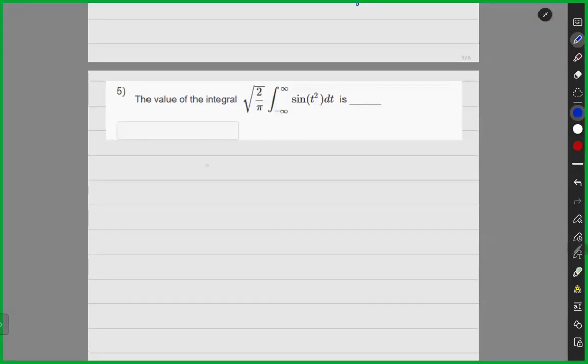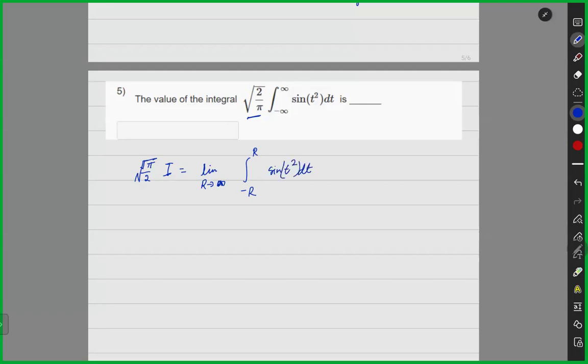This integral, let's say this is I, can be written as the limit r tends to infinity, leave this constant, maybe root pi by 2 on this side, of the integral from minus r to r of sine of t square dt.